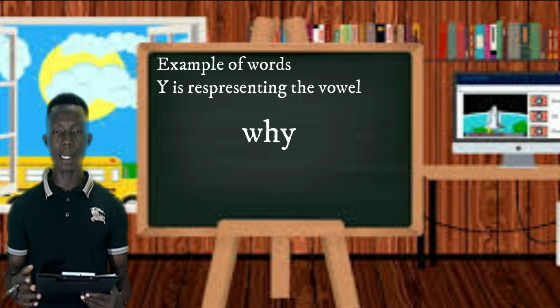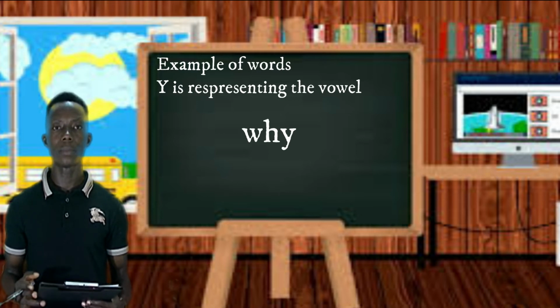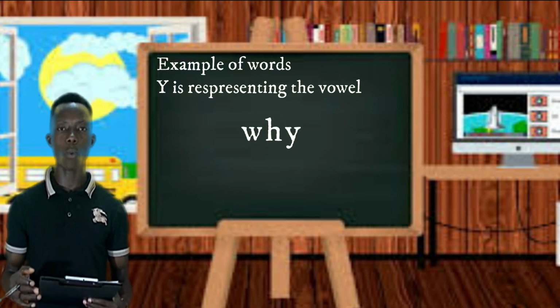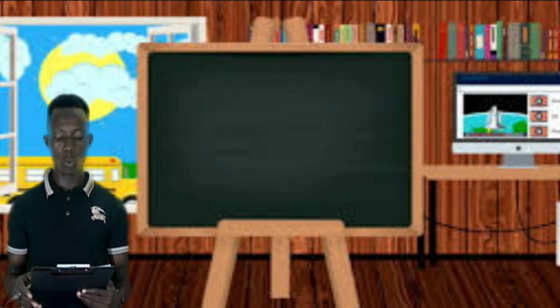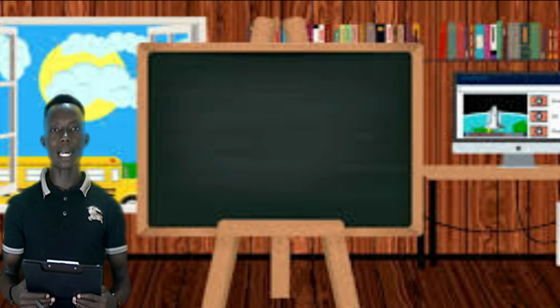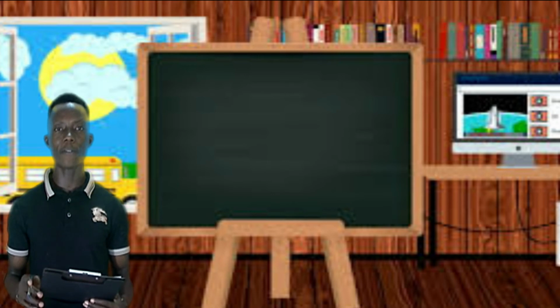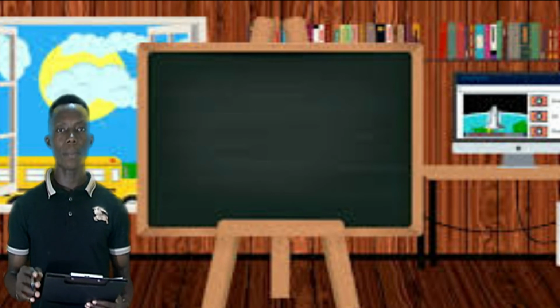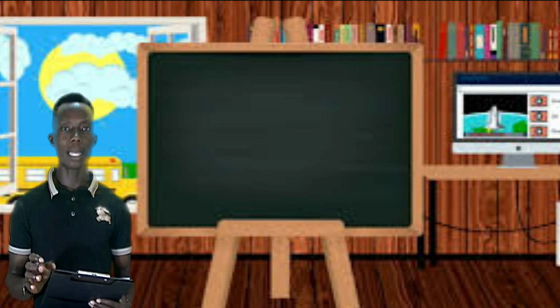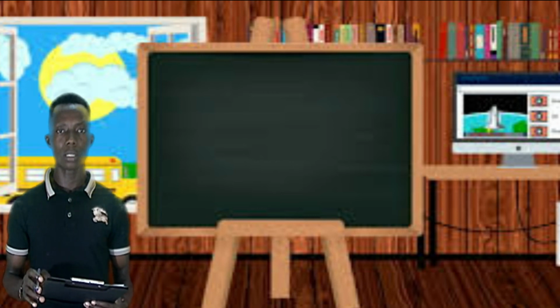Then we have another example, why. W-H-Y. In all these words, you bear witness that we do not have a vowel letter in them, but yet we are able to pronounce them. This is because the letter Y is representing the vowel letter in these words.